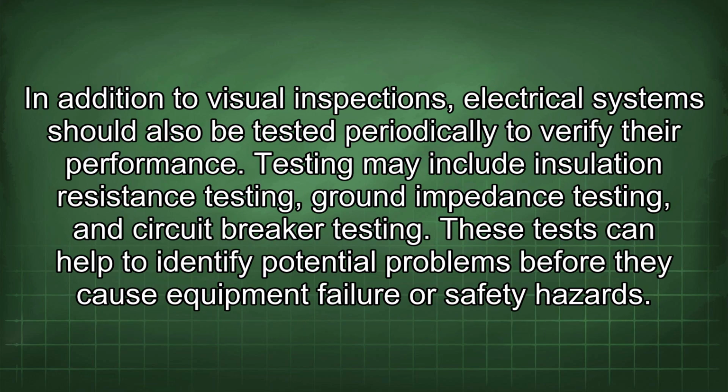In addition to visual inspections, electrical systems should also be tested periodically to verify their performance. Testing may include insulation resistance testing, current impedance testing, and circuit breaker testing. These tests can help to identify potential problems before they cause equipment failure or safety hazards.